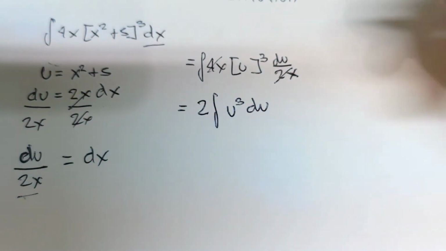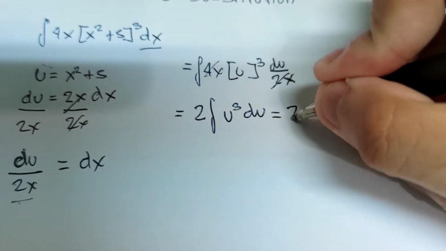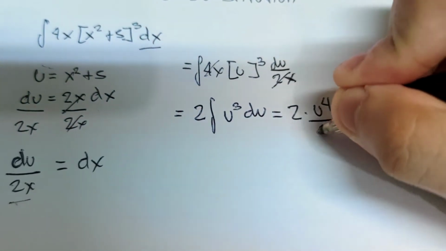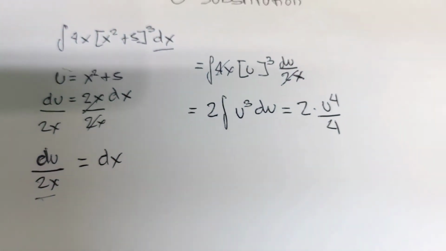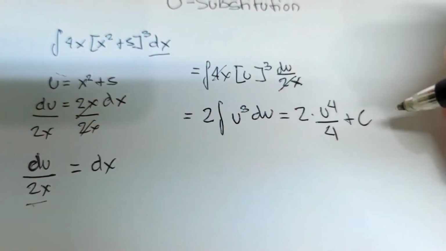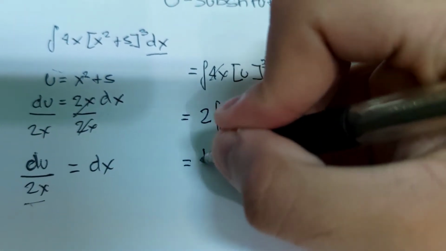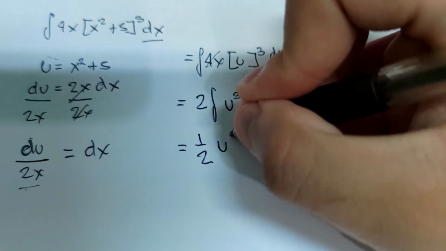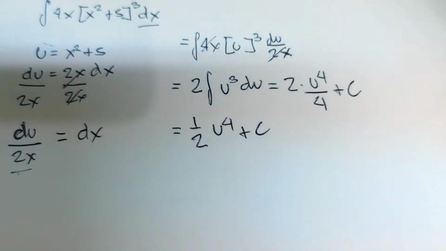So by using the power rule, we have 2 times u to the 4 over 4 plus c. So 2 over 4 is equal to 1/2 u to the 4 plus c.